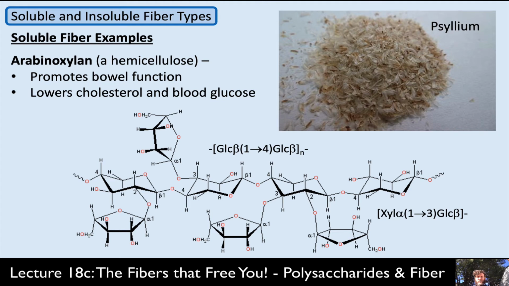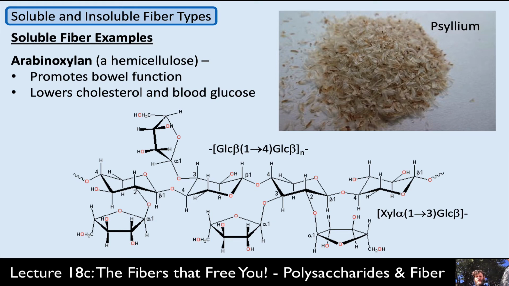But it has a number of branches off of it, these alpha-1,3 xylose linkages. So there are all these xylose molecules, this 5-carbon sugar, that gets decorated along the length of the cellulose strand, and this is why we call it hemicellulose. You find this stuff in psyllium husk.